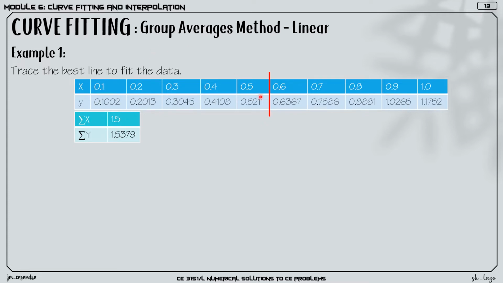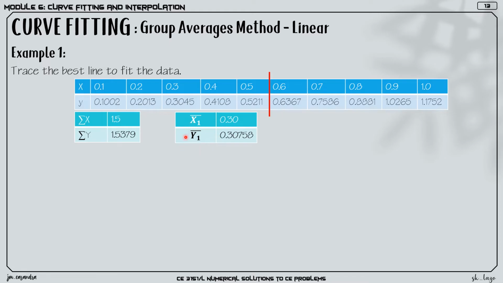That is equivalent to 1.5, and the summation of y is equal to 1.5379. From there, we are able to solve for bar x simply by dividing the summation of x by the number of coordinates. So 1.5 divided by 5 is 0.3.